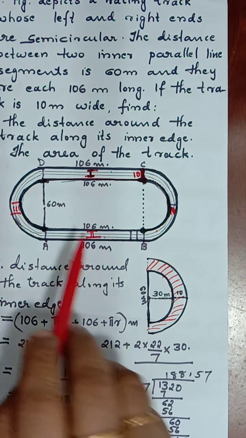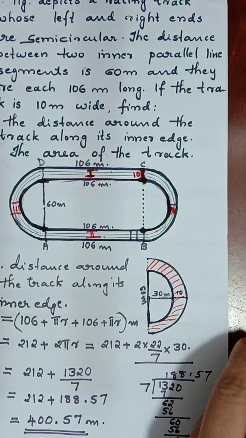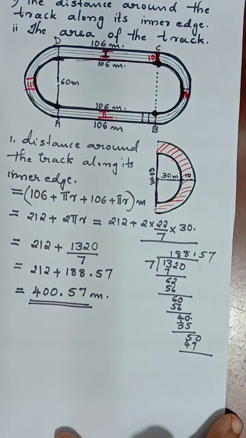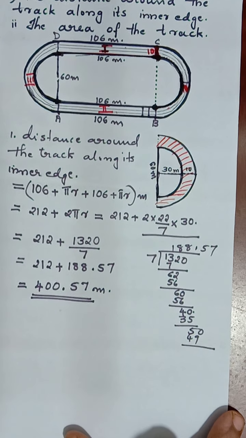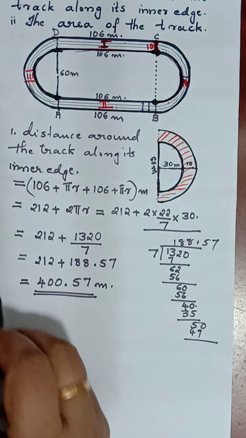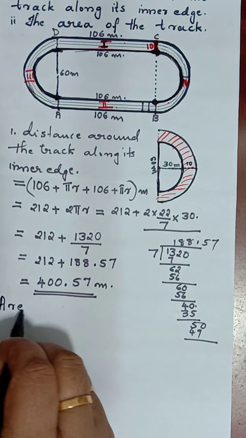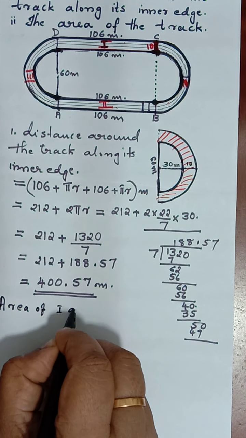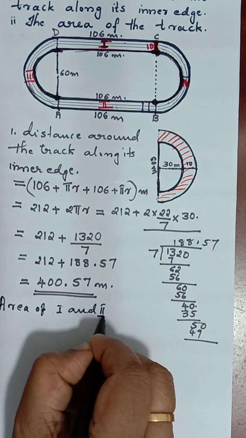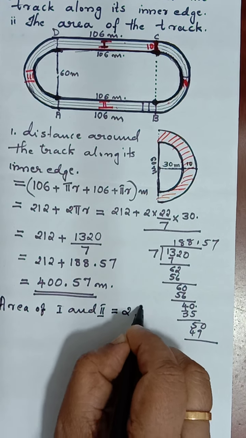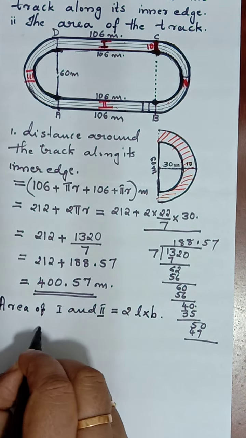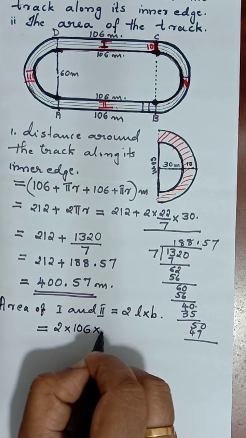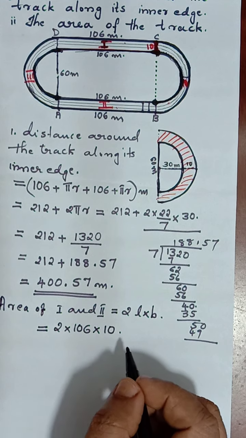First, let us find the area of 1 and 2 together. The area of 1 and 2 is 2 times length into breadth. That is 2 into 106 into 10.